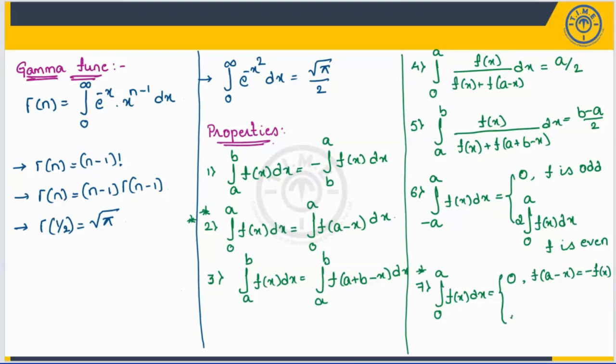And that is 2 times the half interval 0 to a by 2 f of x dx if f of a minus x is equal to plus f of x. So these are the 7 properties of the integrals that you will have. So this is all about your integrals.